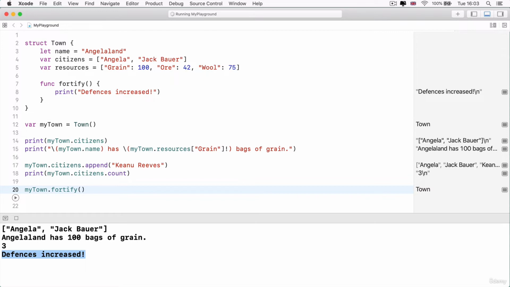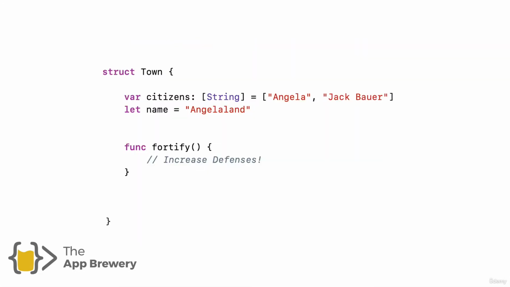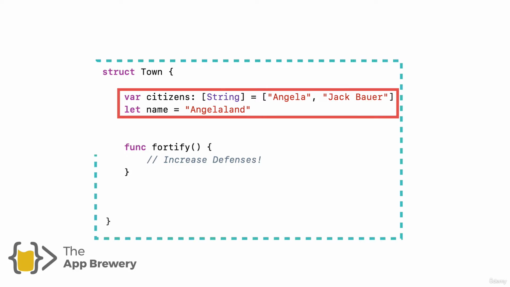When we create a struct in our code, we're essentially creating a blueprint for an eventual object that will get created from our blueprint. And in this blueprint, we get to plan ahead for how this eventual object will be. For example, we create variables, and when our variables live inside a struct, that variable is associated with our struct, and it's known as a property of that struct.